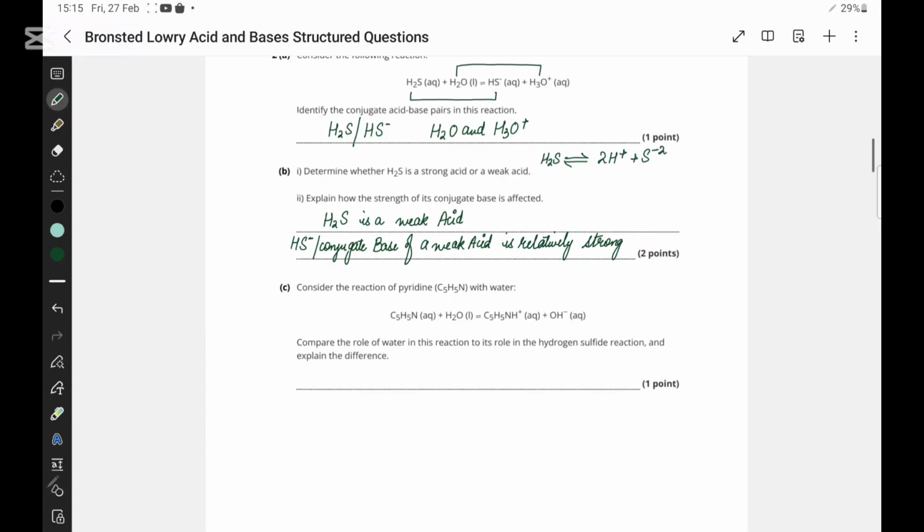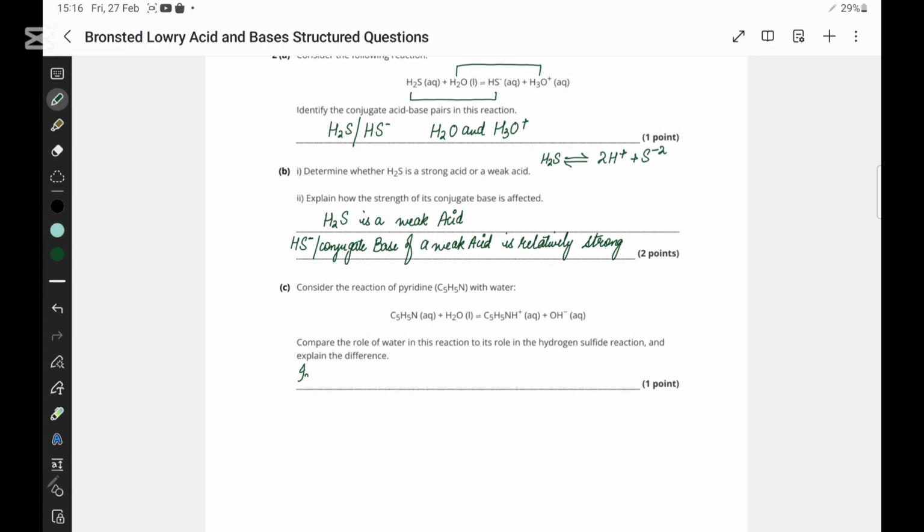In this question they are saying consider the reaction of pyridine with water. Compare the role of water in this reaction to the role in the hydrogen sulfide reaction. If you see in the hydrogen sulfide reaction, water is accepting a proton.